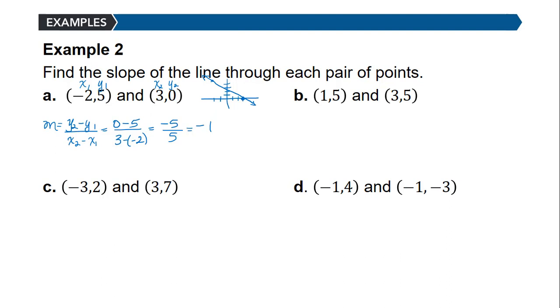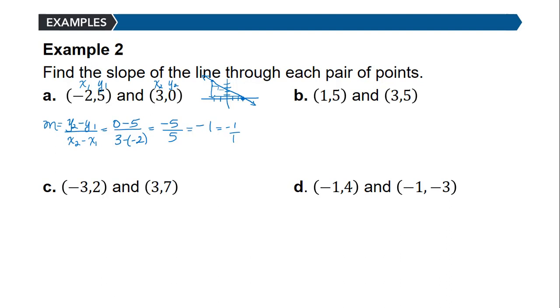And then -5 divided by 5 means that the graph is actually going down 5 units and then right 5 units to get to another point on the line. Or -1 is equivalent to -1 divided by 1, which means if we go down 1, right 1, down 1, right 1, we get to another point on the graph of the line.